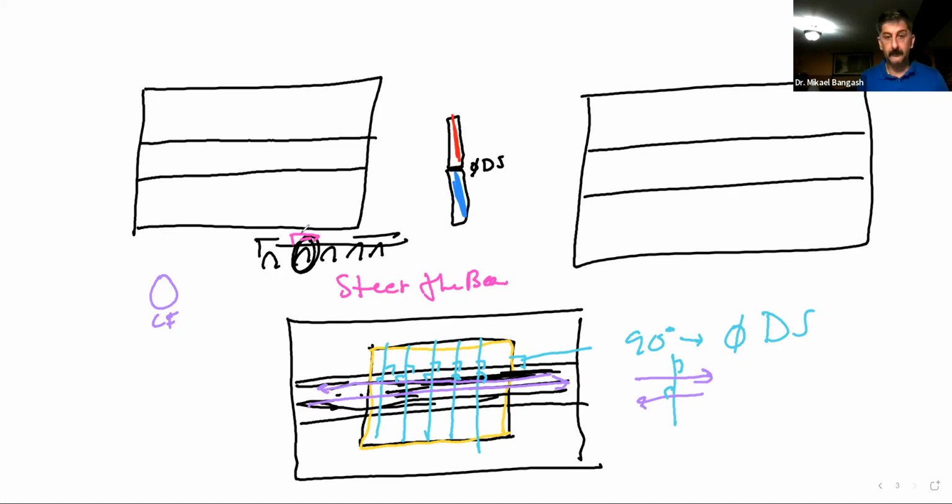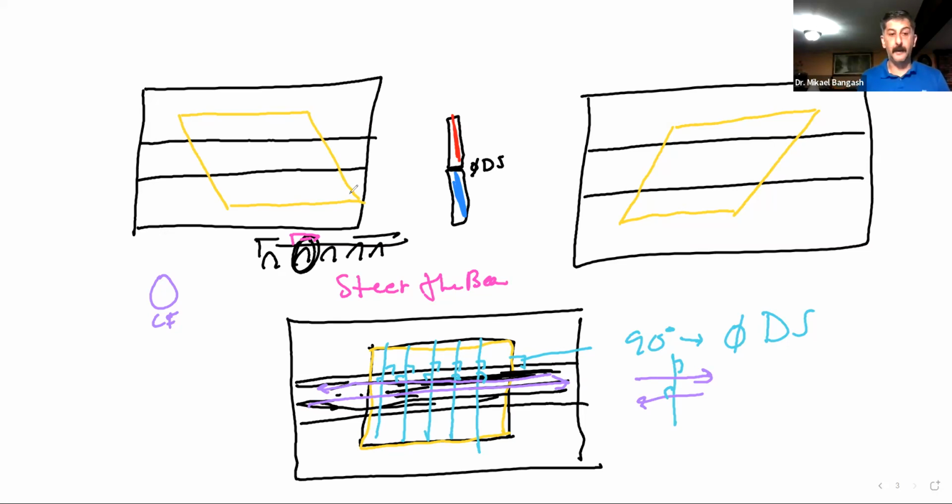When you turn it, the beam may be steered like this, or you may see the box go like this. Did that make sense?